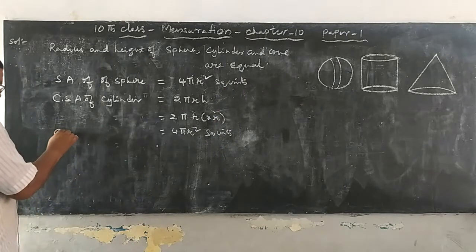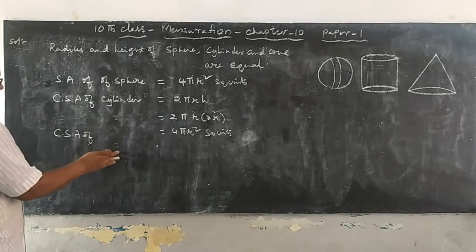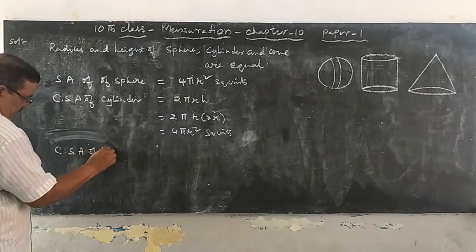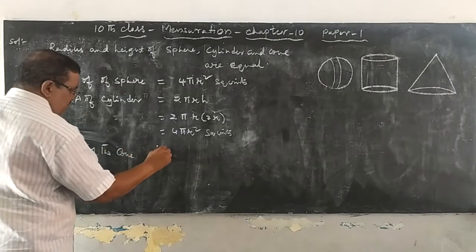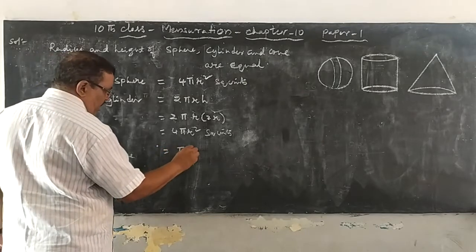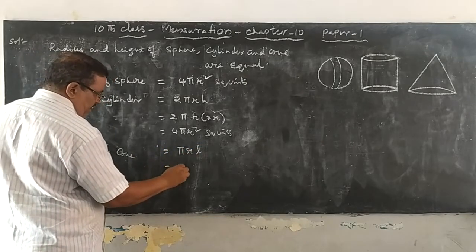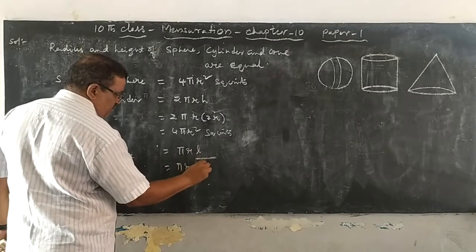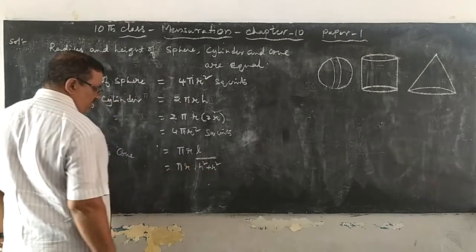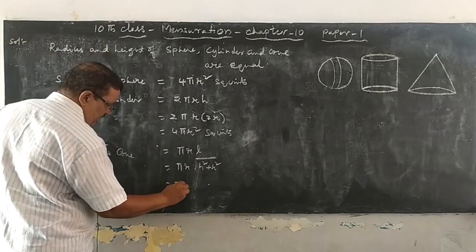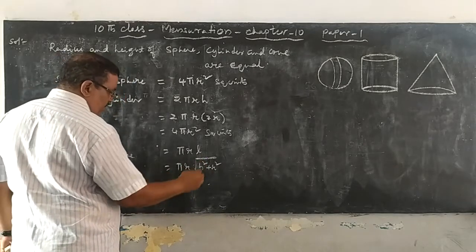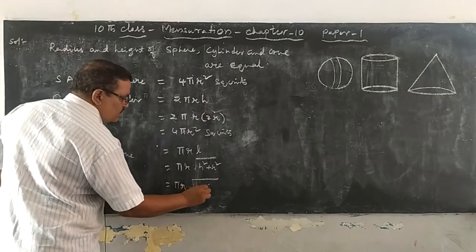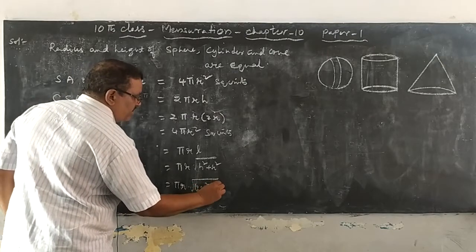And the CSA of the cone. The CSA of a cone formula, you know, is pi r l, where l is the square root of h square plus r square. Pi r into, the h value we substitute here. H is equal to 2r, so (2r) whole square plus r square.